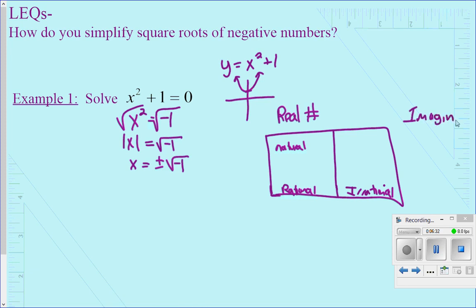Okay, so when you hear the term imaginary numbers, what I don't want you to think is that they don't exist. The term imaginary is kind of a tricky term. Imaginary, we think like unicorns and things that don't exist. Fantasy. They're not imaginary because they don't exist or it's a fantasy.